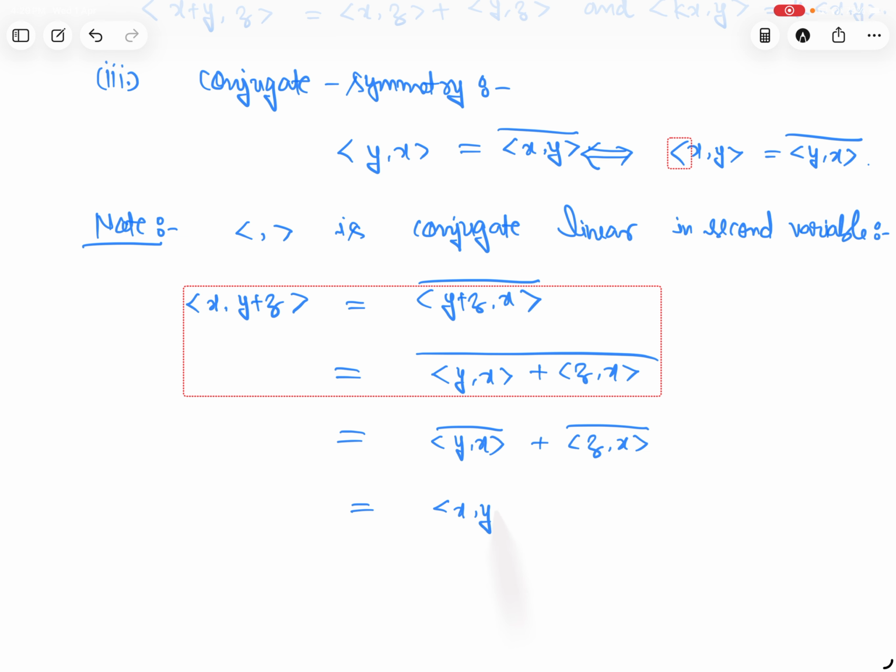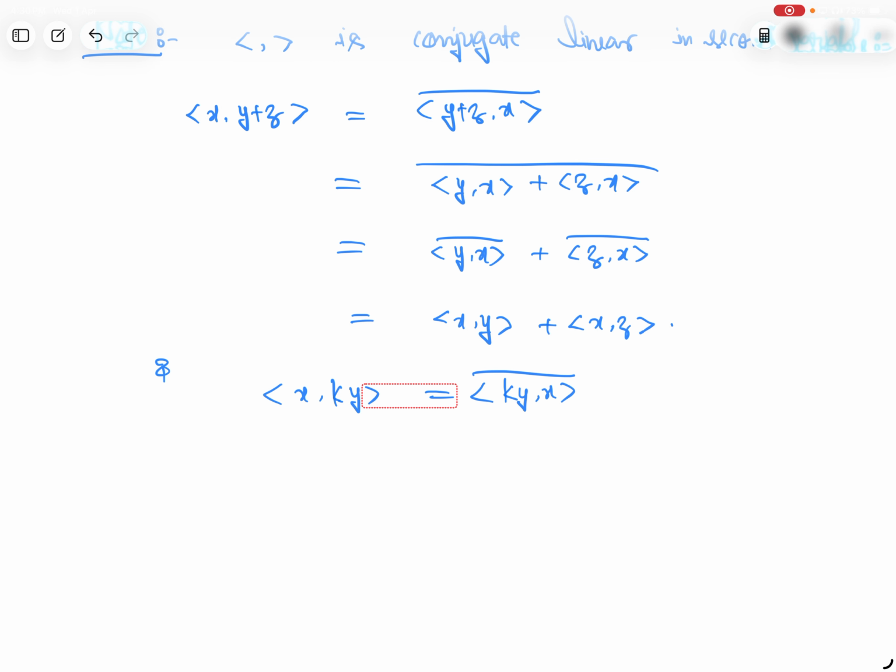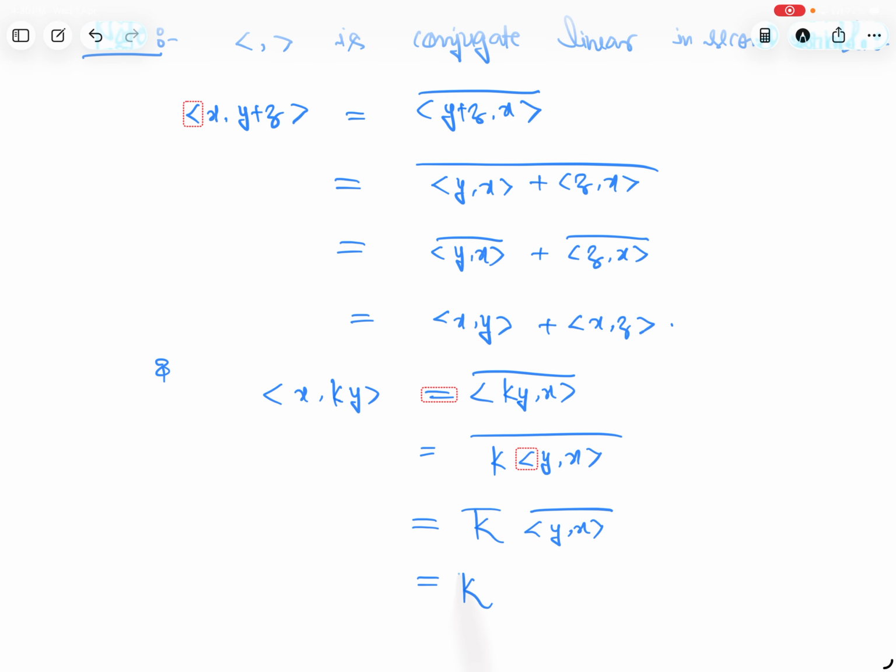This is nothing but <y + z, x> bar. In the first slot it is linear, so the inside thing will be like this. Since conjugation distributes like this, this is nothing but <x, y> plus <x, z>. And <x, ky> is the conjugate of <ky, x>, and the inside thing will be k bar.